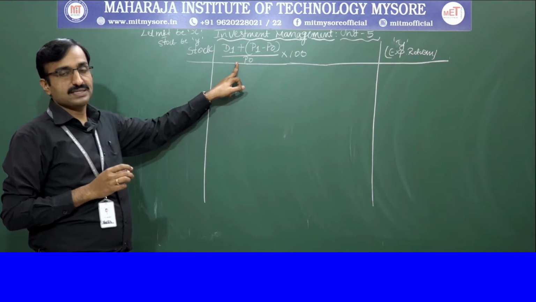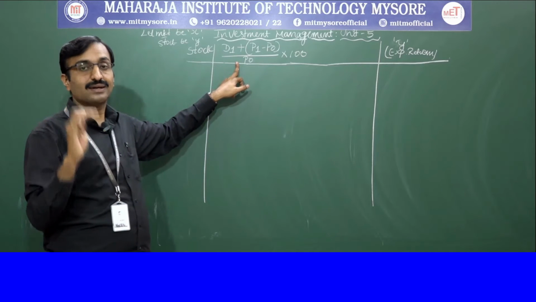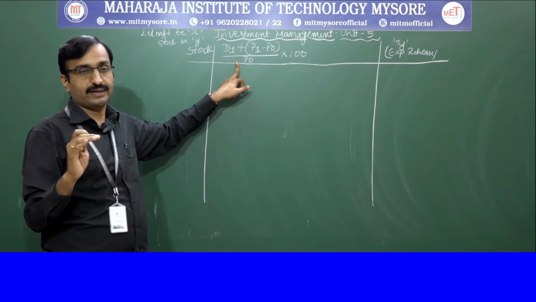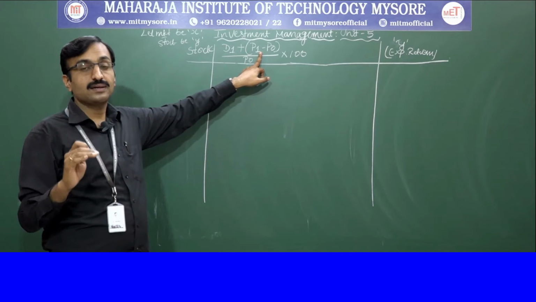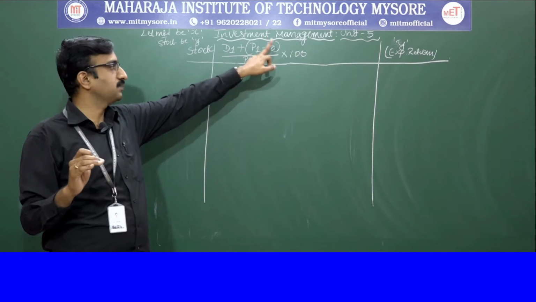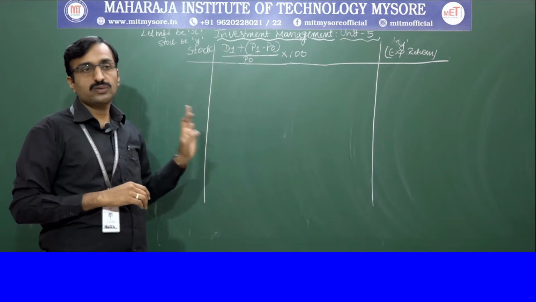D1 represents the current year dividend, P1 represents the current year price, and P0 represents the previous year price. This is how we are going to do it.